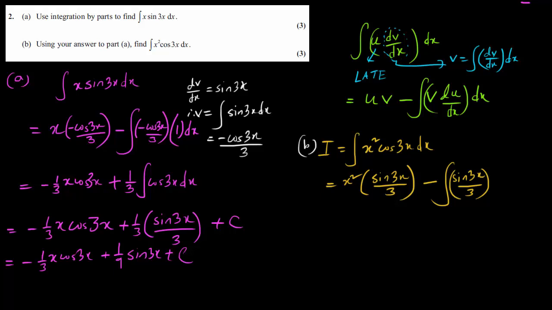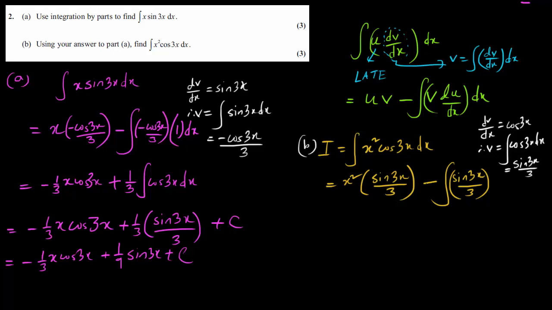Remember, this time dv by dx is cos 3x. That means if you want to find v, it would be integration of cos 3x by the fundamental rule of calculus, which says integration is the opposite of differentiation. So this would be sine 3x divided by 3.